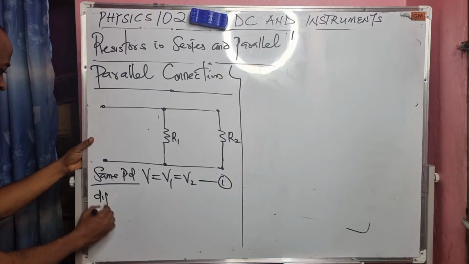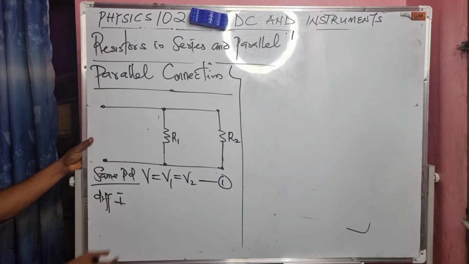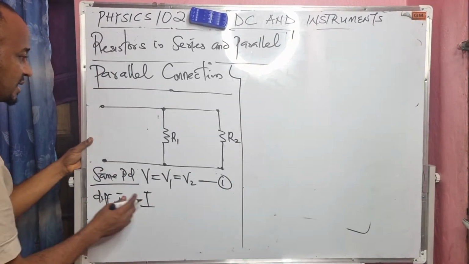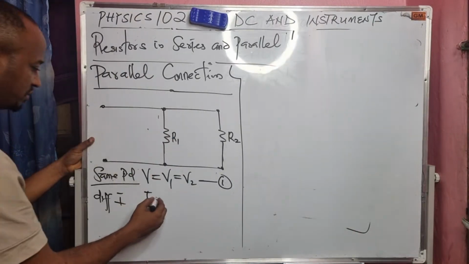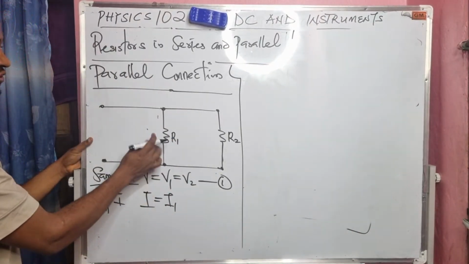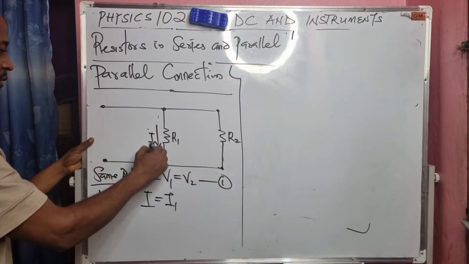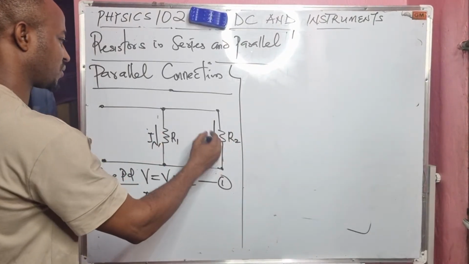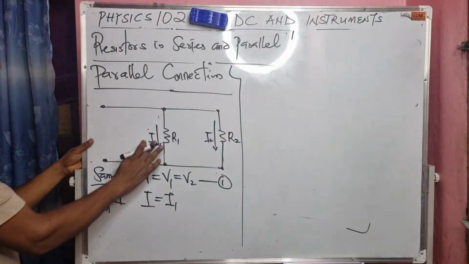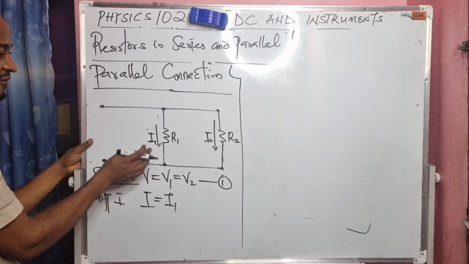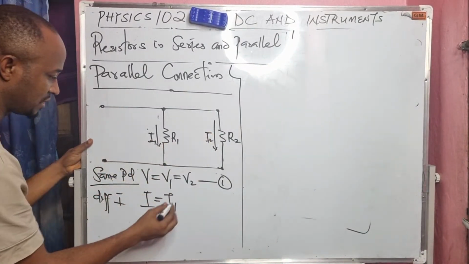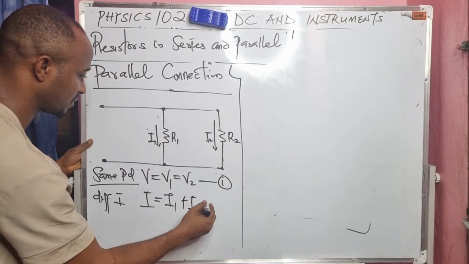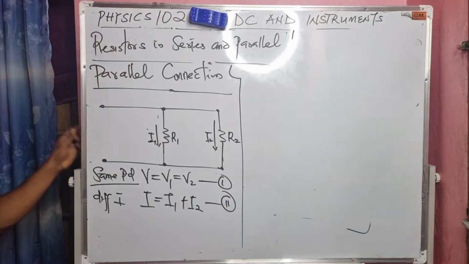Then we say different currents, meaning that the total current that flows through this circuit will be the sum of the current that flows through R1, which is I1, plus the current that flows through R2, I2. So to find the total current, I have to add up I1 plus I2. Equation what is this? Equation 2.